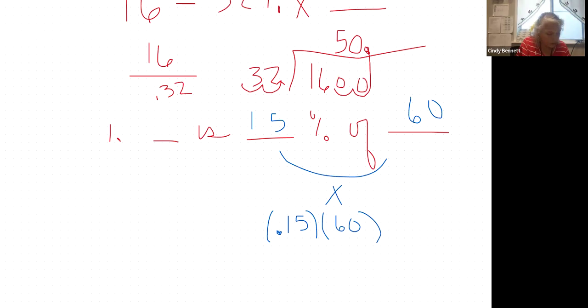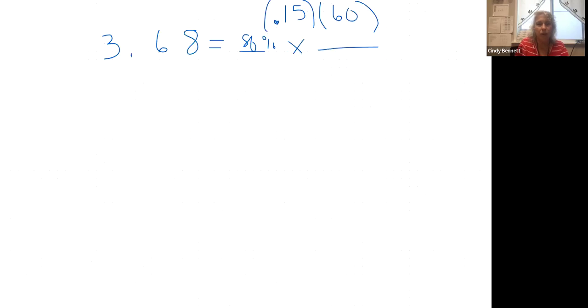Number 3, you have 68 is 80% of what number? So 68 equals blank percent, 80%. In this case, you have the third piece missing. So that means that you are going to divide. So 68 divided by 80%.